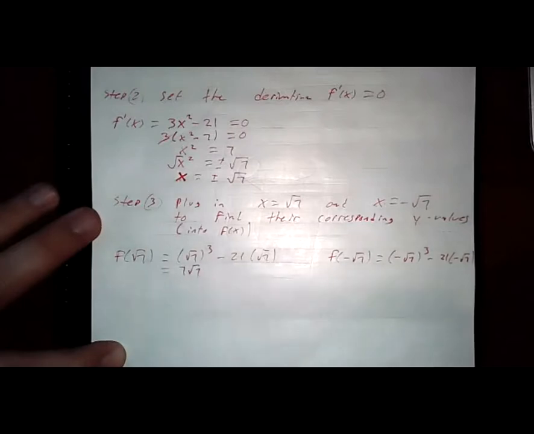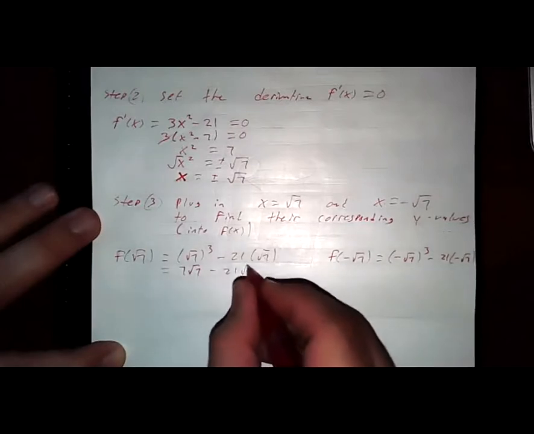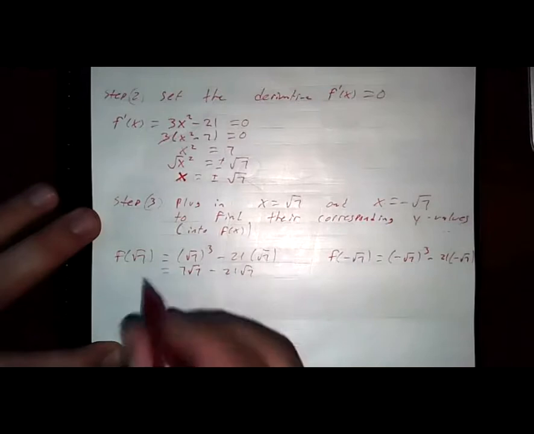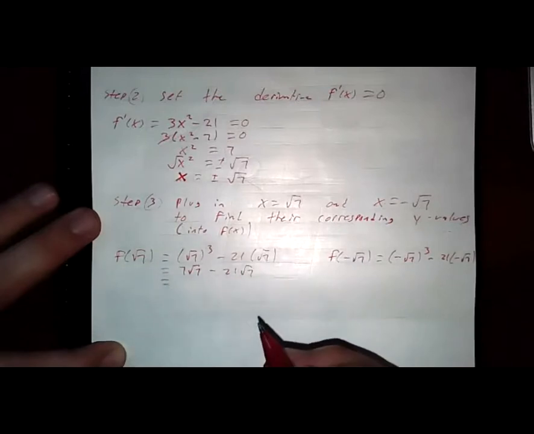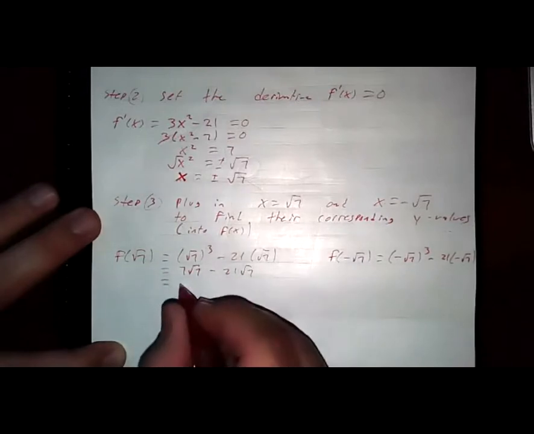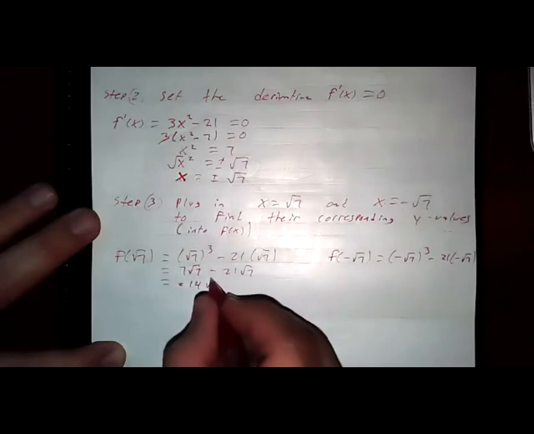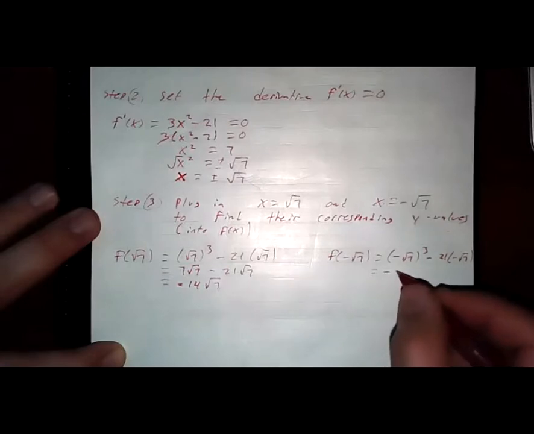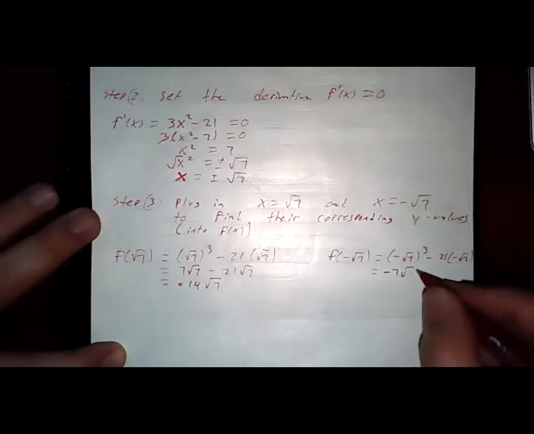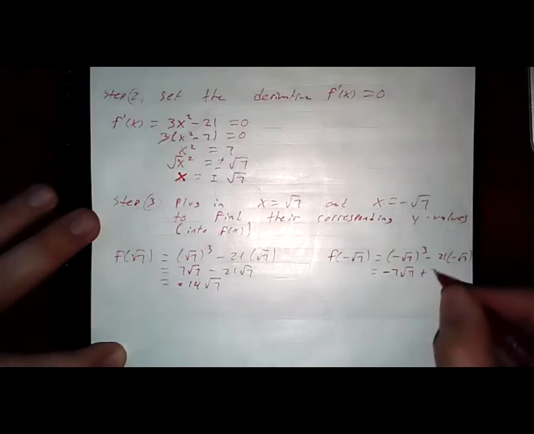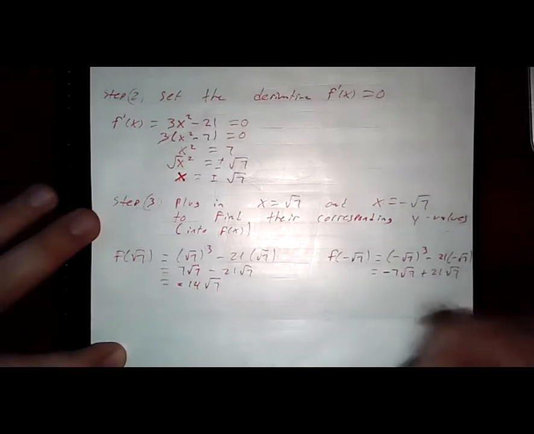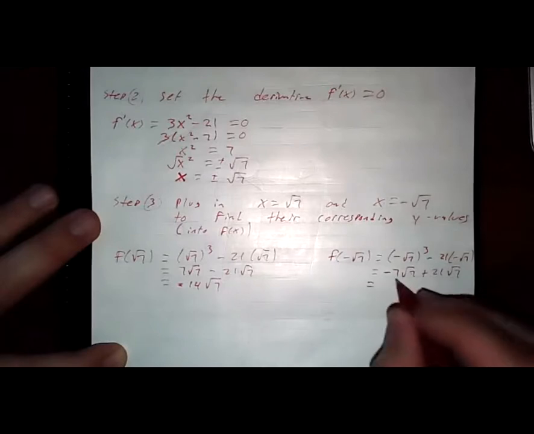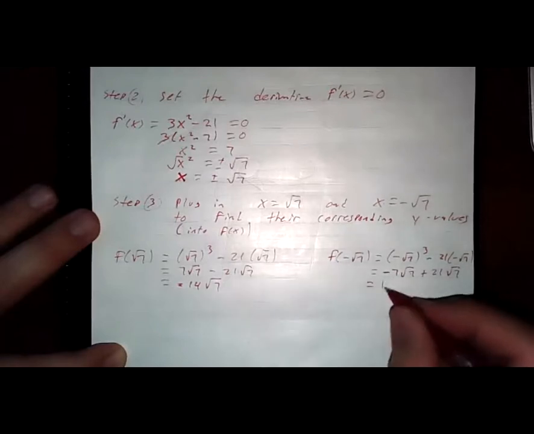This, right? 7 square root 7 minus 21 square root 7, that would be negative 14 square root 7. This will be the same, except it is negative. Negative 7 square root 7 plus 21 square root 7, that would be positive.